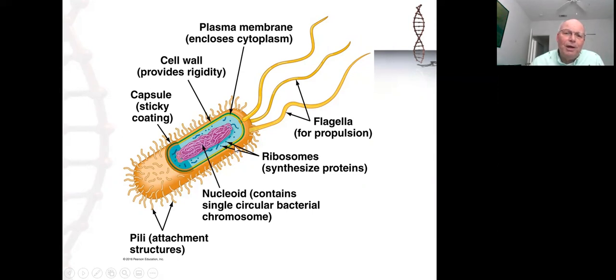Embedded in that are the ribosomes and a region called the nucleoid that contains the bacterial DNA, which is a small circular DNA molecule compared to what we find in eukaryotic cells. And then we have the flagella that are embedded in the surface structures of the cell. So they're anchored in the cell membrane, but also anchored into the cell wall and the capsule.